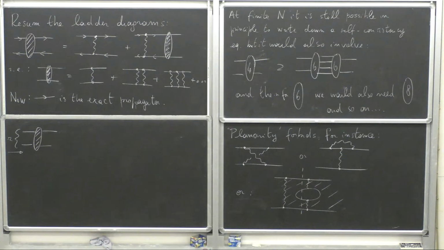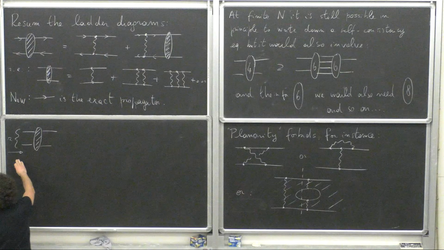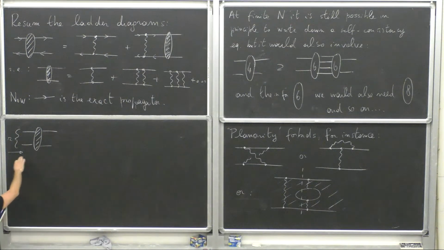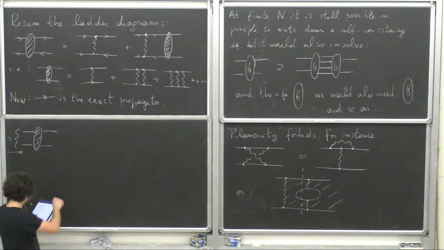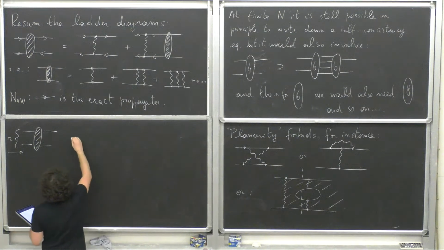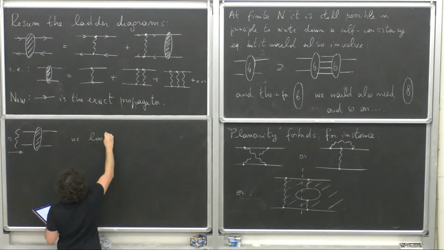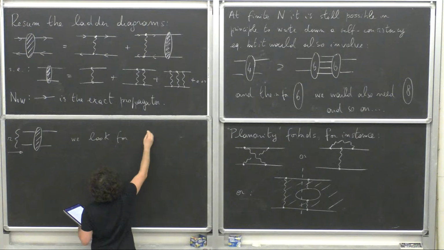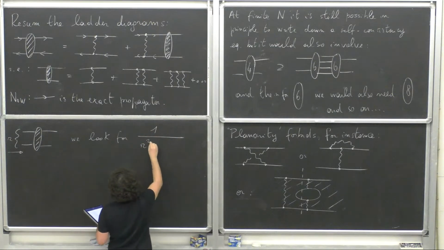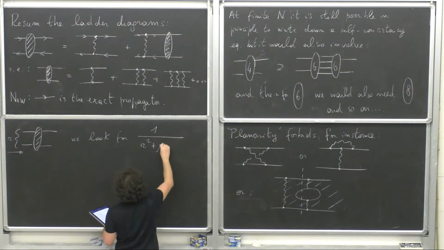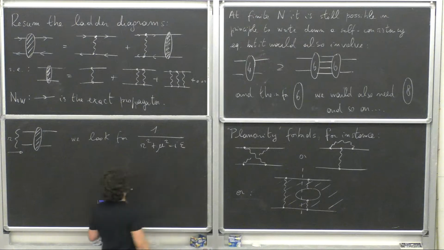And so what are we looking for? We are looking for some contribution that goes like this. If R is the total momentum, we look for 1 over R squared plus mu squared minus i epsilon.